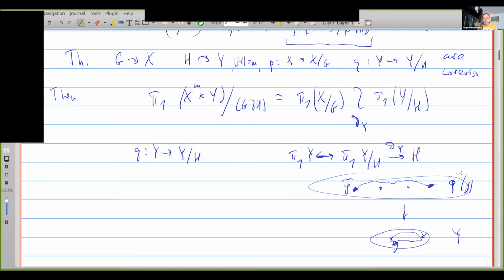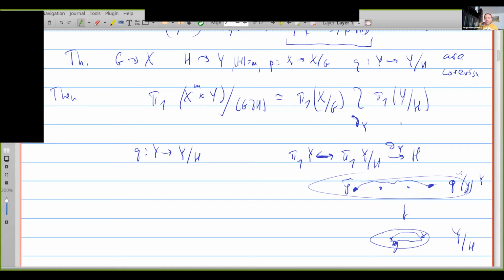The idea is that there is a bijection between the inverse images of this point and the set of adjacent classes of the fundamental group of Y/H by the fundamental group of Y. And actually, if this cover comes from the action of H, then this is a normal subgroup and the quotient is naturally isomorphic to H. So we have this boundary homomorphism.